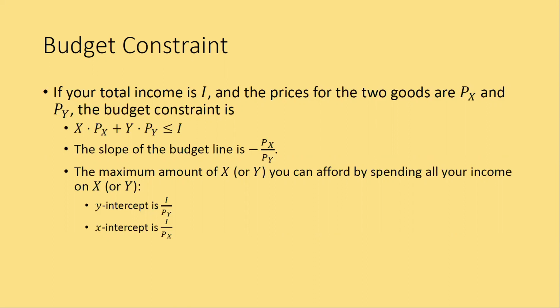And the slope of the budget line is the negative value of PX divided by PY. Lastly, we can find the intercept by answering the question, what is the maximum amount of good X or good Y that you can afford if you spend all your income purchasing good X or good Y? The answer will give us the corresponding intercepts. The y-intercept is your income divided by the price of good Y, and the x-intercept is the income divided by the price of good X.